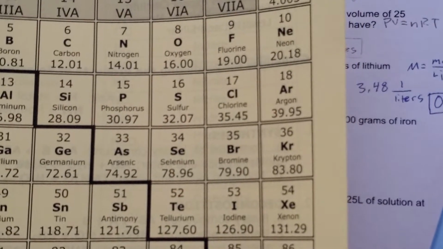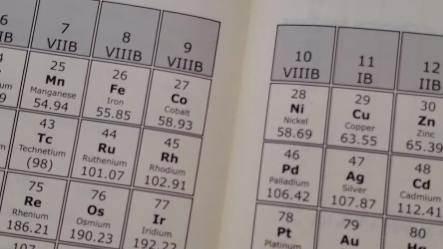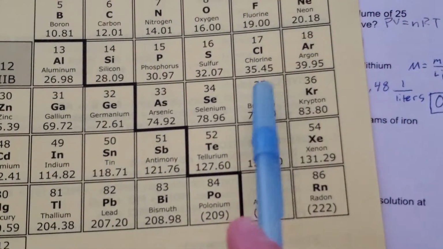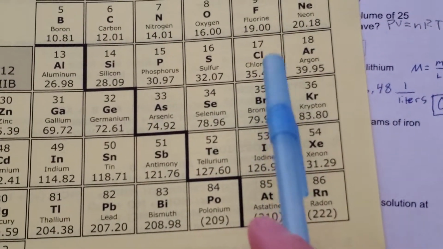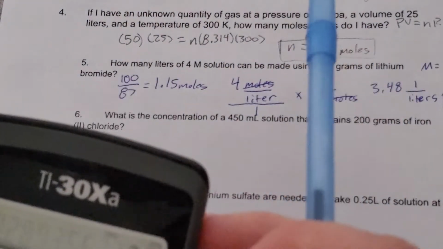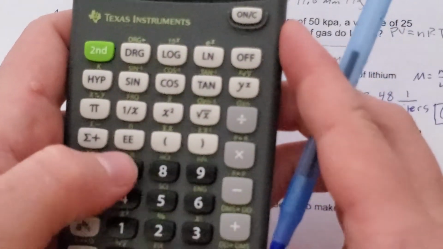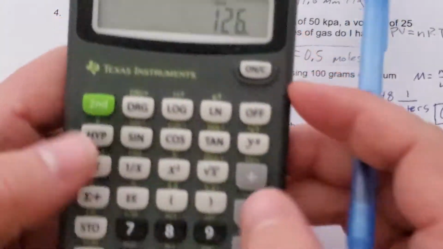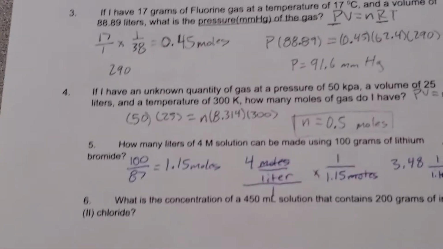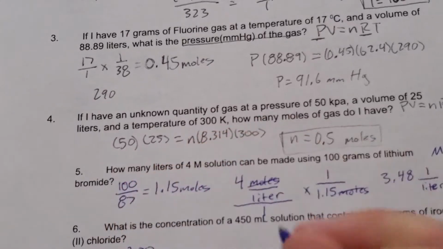It's going to be 1 iron and 2 chloride because it's iron 2 chloride. Iron weighs 56 and chloride, Cl2, weighs 70. So 56 plus 70 gives us 126.